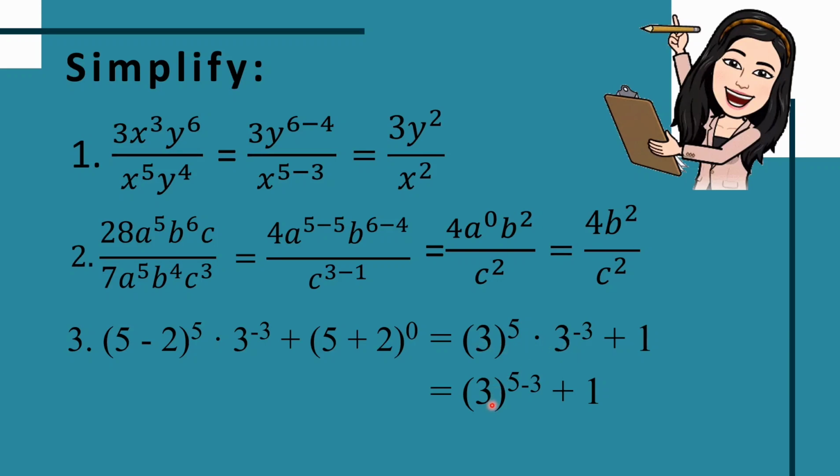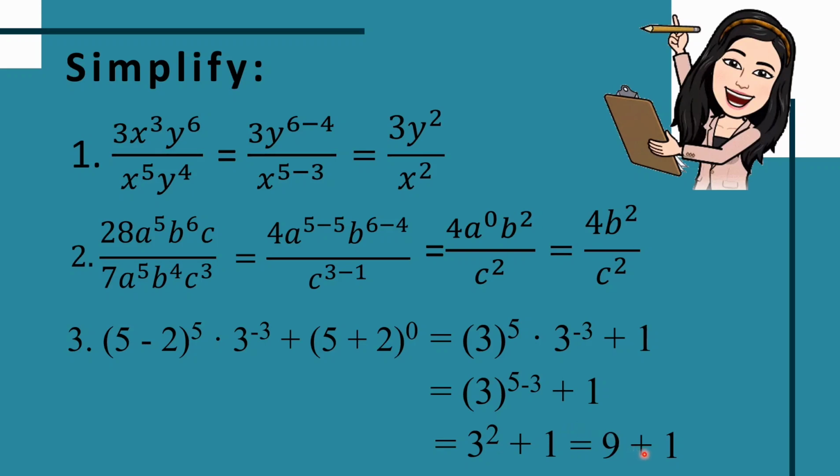So, 5 plus negative 3, that is 5 minus 3, plus 1. Kopyahin si 1. Now, isimplify natin yung exponent of 5 minus 3. So, that is 3 squared plus 1. And 3 squared is equal to 9. 9 plus 1 is equal to 10. Okay?